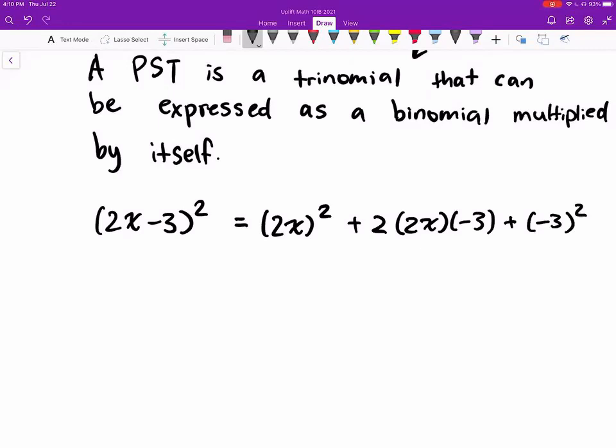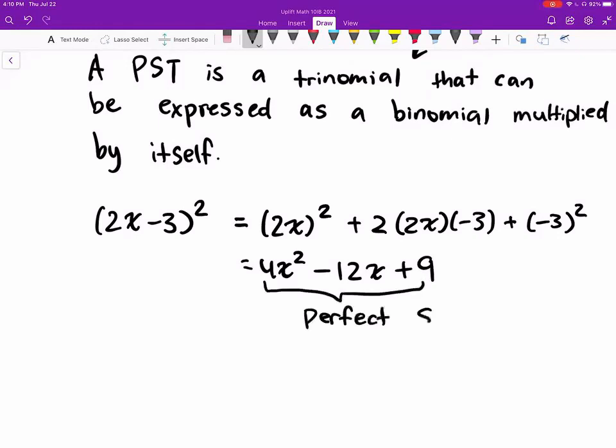In the end, we get 4x squared plus negative 12x plus 9. So in this case, we would say that this is a perfect square trinomial, because it comes from a binomial multiplied by itself.